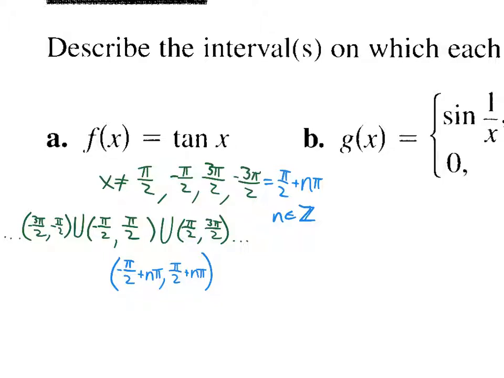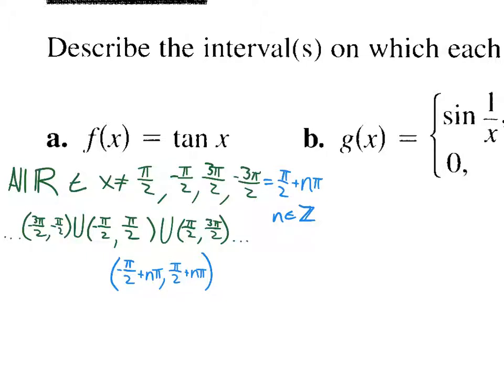So the question is, describe the interval in which each function is continuous, and we said that the domain of the tan function can't equal pi over 2, negative pi over 2, all those things. So wouldn't it just be all real numbers except pi over 2, negative pi over 2? You can. You could say all real numbers such that x does not equal pi over 2, and so on.